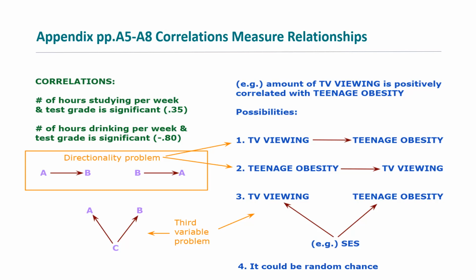So maybe people who generally score low anyways think, what the heck? I may as well drink a bunch. It may be that they've been scoring really low on past tests, and so they decide to not even try to study. They drink more. And so we still have the directionality problem.